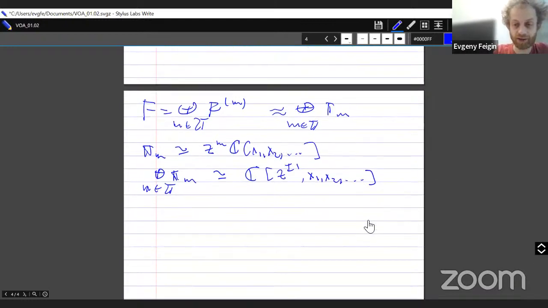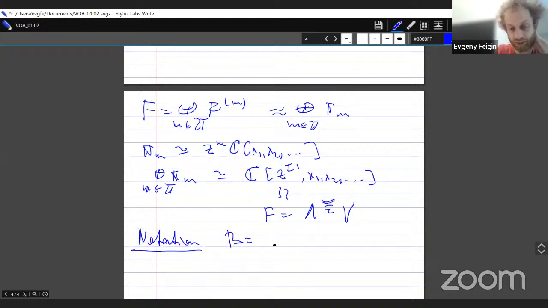And so this is identified with the Fock space, the bosonic space, for which we introduce a notation.